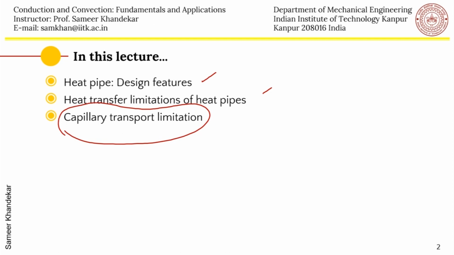And we will see what the maximum limitations of this pump are, because as you increase the heating input to the heat pipe, the amount of vapor generated goes on increasing. And since in steady state the amount of vapor flow must be equal to the amount of liquid coming back to the evaporator from the condenser, m dot v and m dot l have to match with each other. And as you keep on increasing the heat flux, the m dot v keeps on increasing.